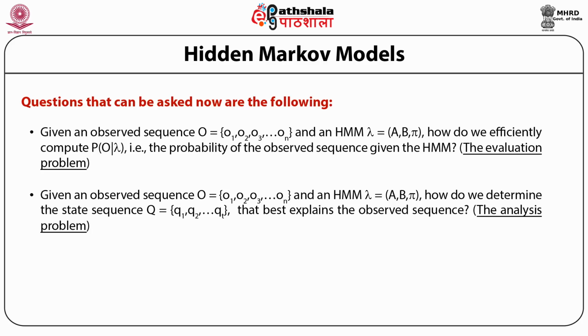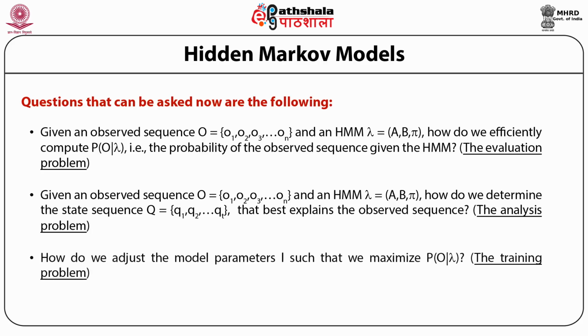And then finally, the first two problems occur only after I have created a Markov model. So the last question I'm now bringing, which should perhaps have been the first question, is how do I train a Markov model? If I have a lot of sequences and I want to create a Markov model lambda, how do I do it? That of course is the training problem.